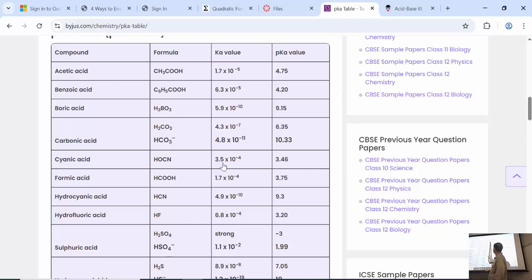Here's our 4. I have 4.74, but they're using a Ka value of 1.7 times 10 to the minus 5. Our book has a Ka value of 1.8 times 10 to the minus 5, so which one's more accurate? Where would we look to get the latest information? What book would we look at, or website, if you have a subscription?